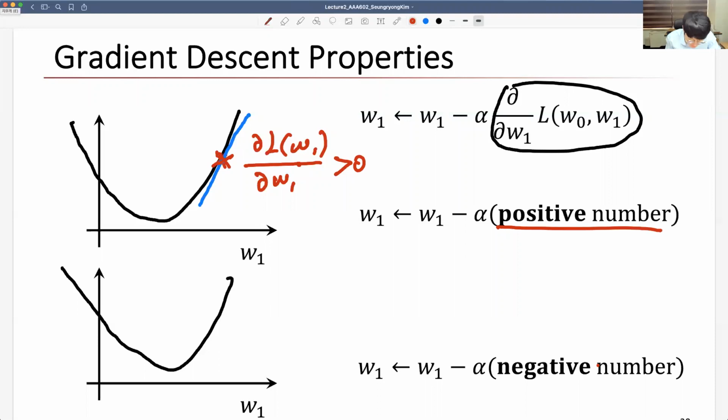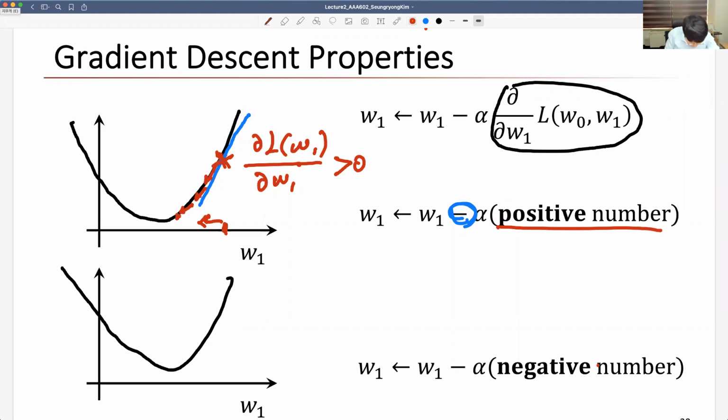So in this case, we have to move to the left-hand side because of this minus term. So we can move something like this one. It means that by following this loss function, we can converge to the minimum value, right?